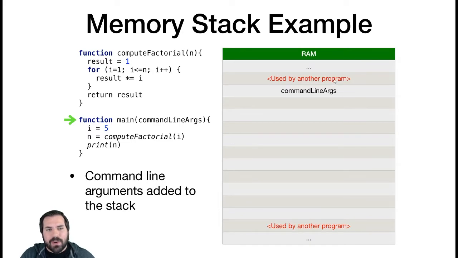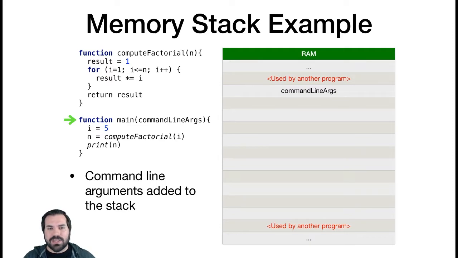We're going to ask our operating system for a chunk of RAM that's going to be used for our stack space, and we have to work within the confines of that chunk of RAM that our operating system gave us. If we go to the memory address before that chunk of RAM, that might be used by another program, and our operating system should yell at us and say, you're not allowed to use that.